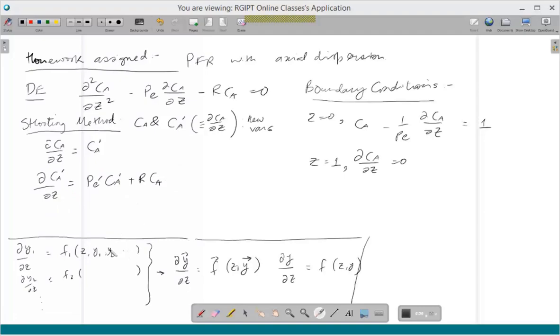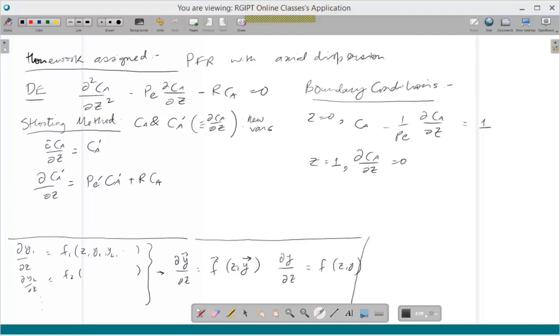So this is essentially the same kind of formulation, an IVP in multiple dependent variables.